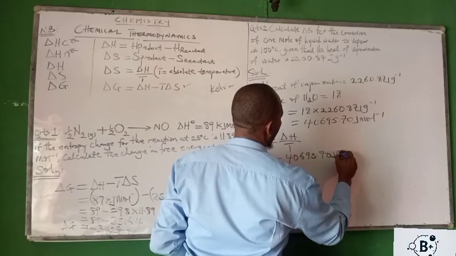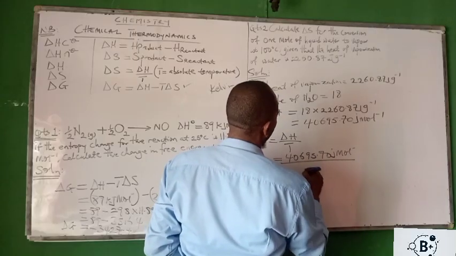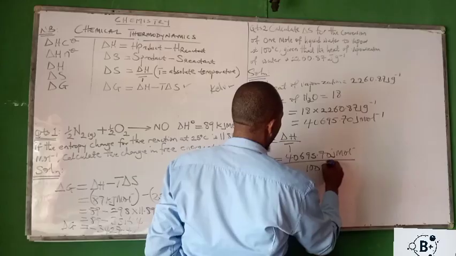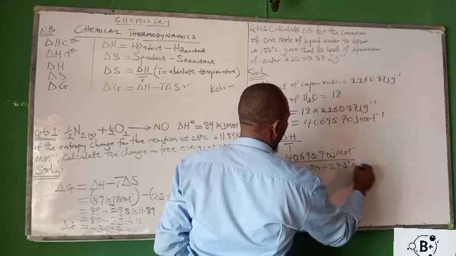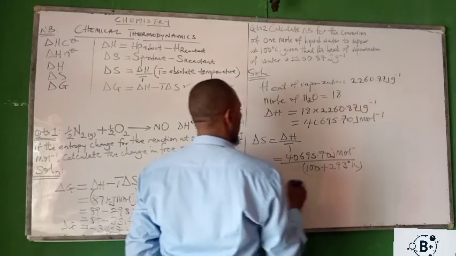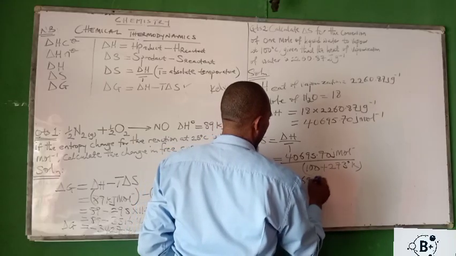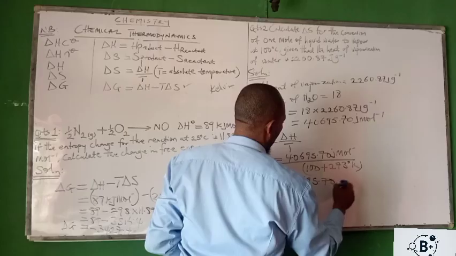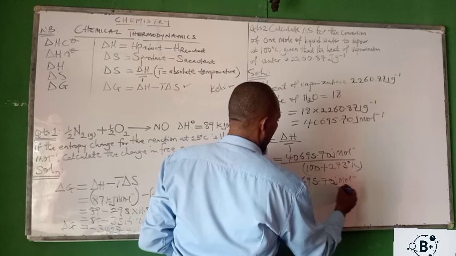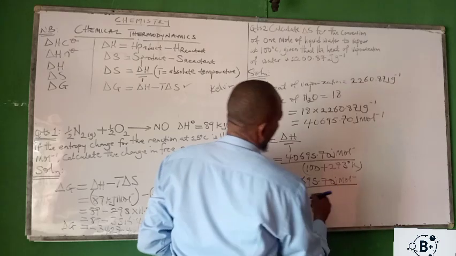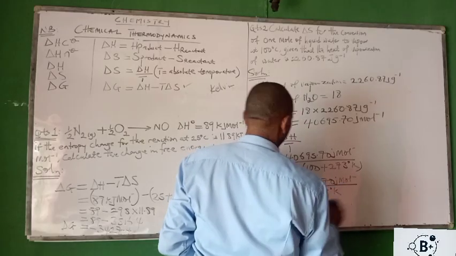So what we do, we compute this to have 4695.70 joules per mole over temperature, which we will convert to absolute scale now. We add 273 degrees Kelvin to it. So this will give us 4695.70 joules per mole over 373 degrees Kelvin.